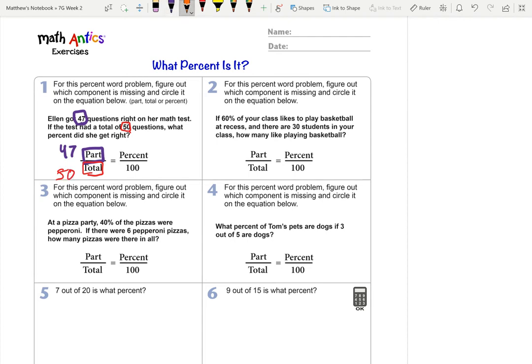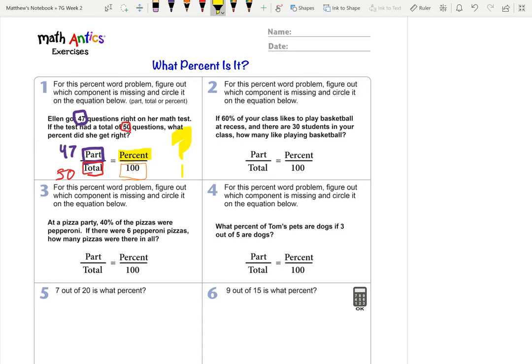And then we know that our percent is out of 100, so it's a fraction over 100, which means that we are going to highlight or circle the missing part, which is in this case a percent. Notice in the question we don't have a number with a percent sign afterwards. And it doesn't say the word percent next to a number either. So we're missing our percent. That's our big question mark there.